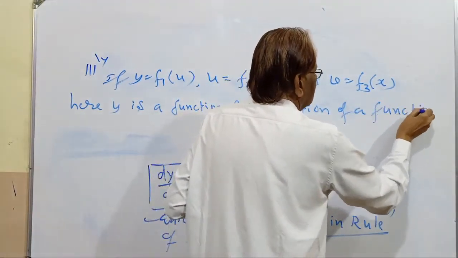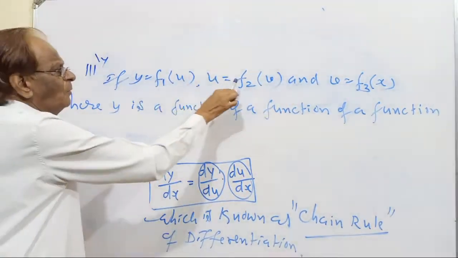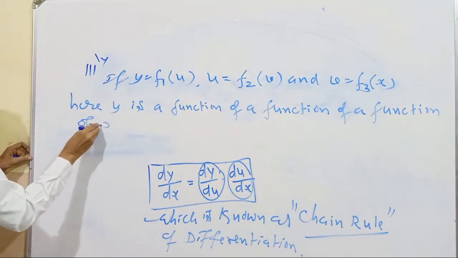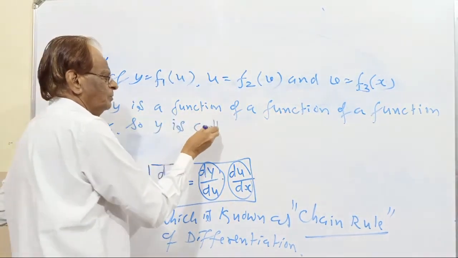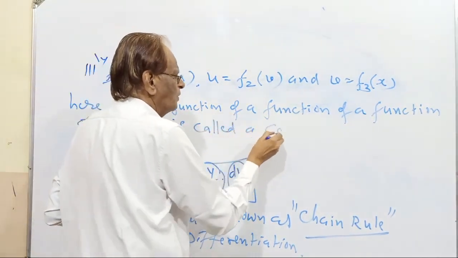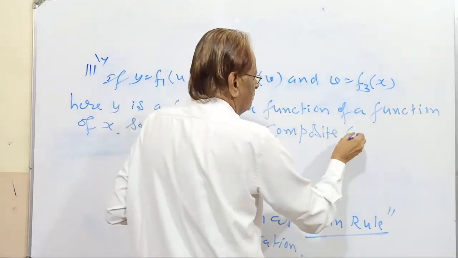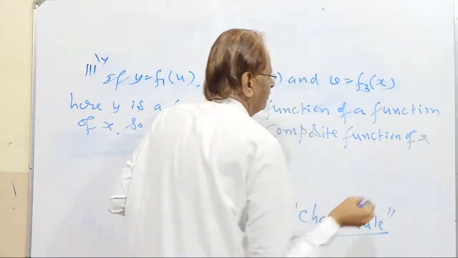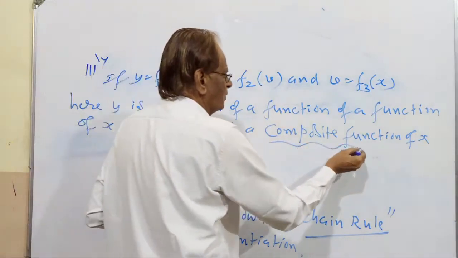Three functions. y is a function of a function of a function of x. So y is called a composite function of x.